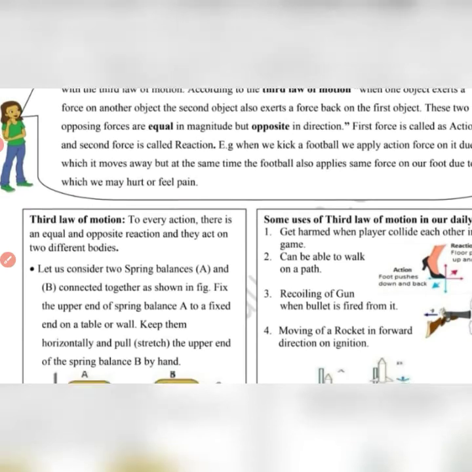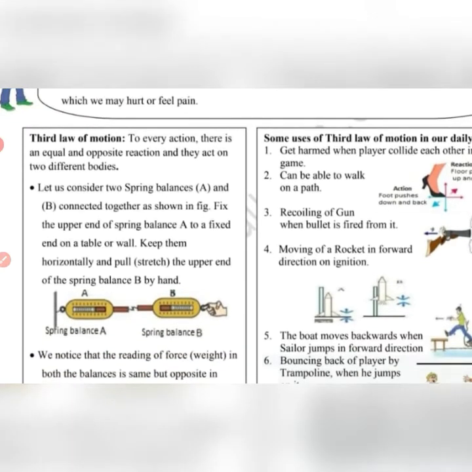One more example of the third law of motion: to every action there is an equal and opposite reaction, and it is acting on two different bodies. Suppose there are two spring balances, A and B. A is attached to a wall or the side of a table, and to this spring balance B is attached.